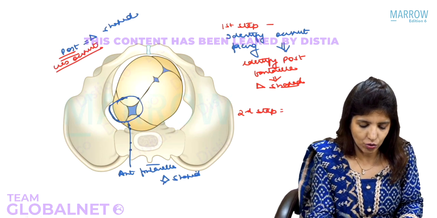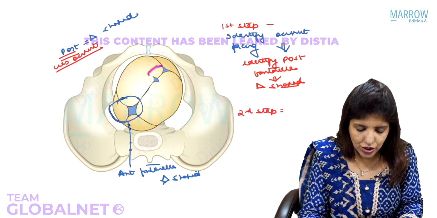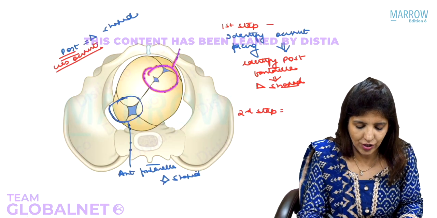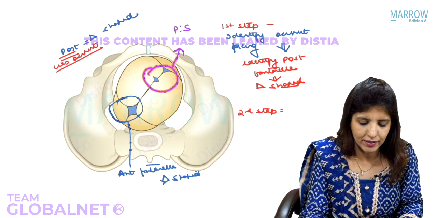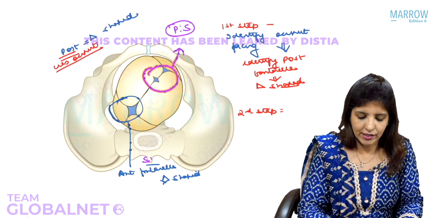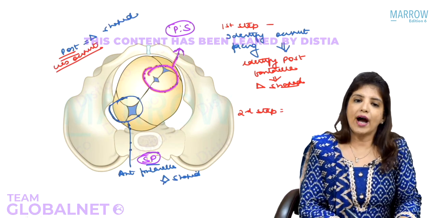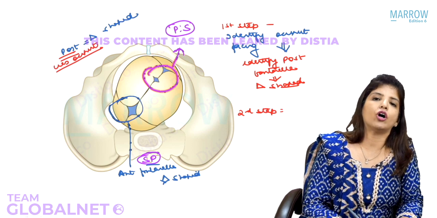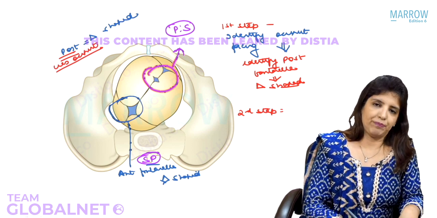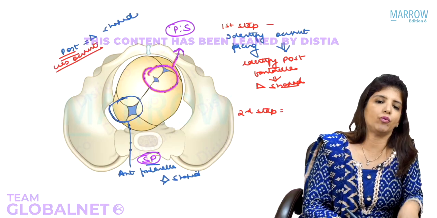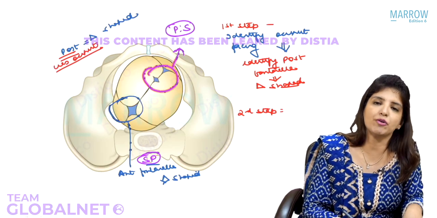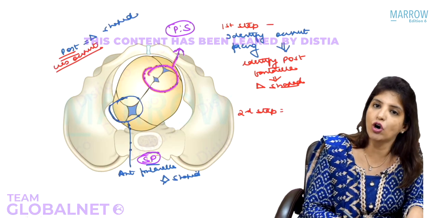So over here you can see that the posterior fontanelle is facing towards the pubic symphysis, and there is the sacral promontory. Whether I say posterior fontanelle or occiput, it's one and the same thing because the posterior fontanelle lies near the occiput.